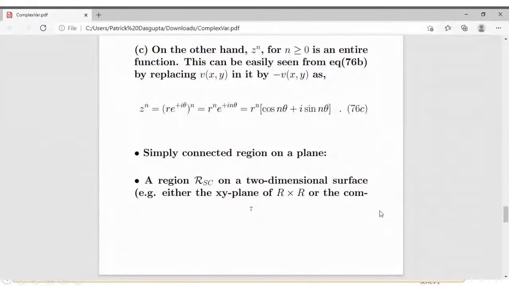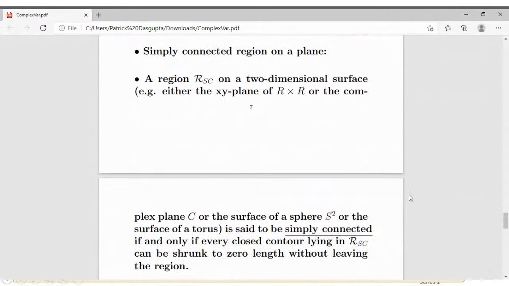Given a region R of S, on a two-dimensional surface, this two-dimensional surface can be the xy plane or R cross R set, or the complex plane which we are familiar with, or the surface of a solid sphere. Take a solid sphere and only talk about its surface. The set of all points on the surface of a solid sphere is called S2 by the mathematicians.